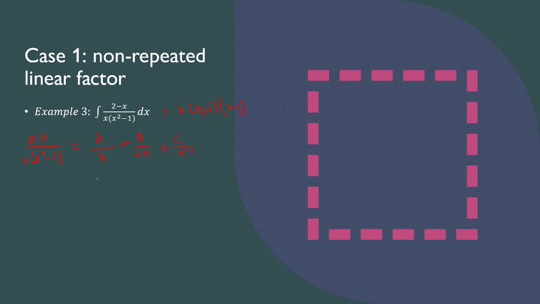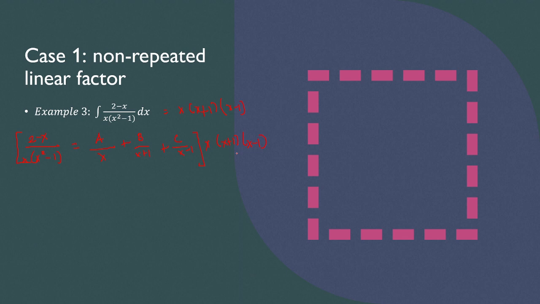Okay, so now let's find its LCD, x times x plus 1 times x minus 1, so that we don't get confused.